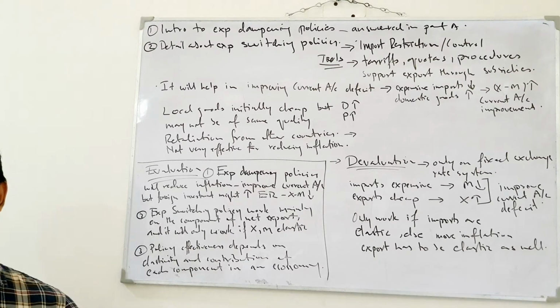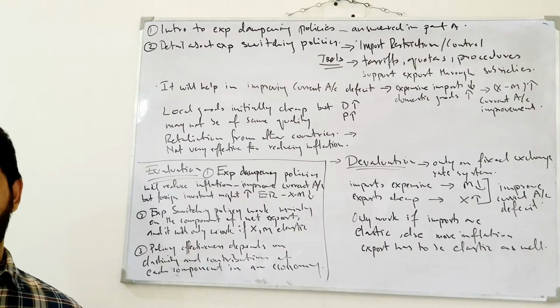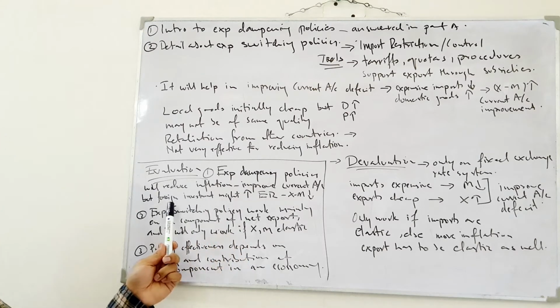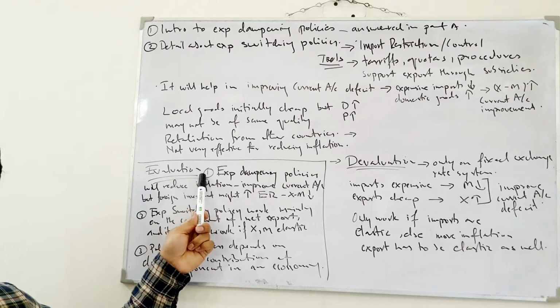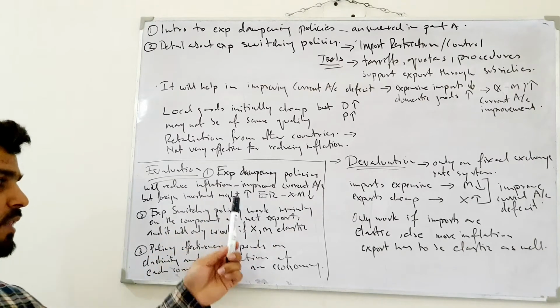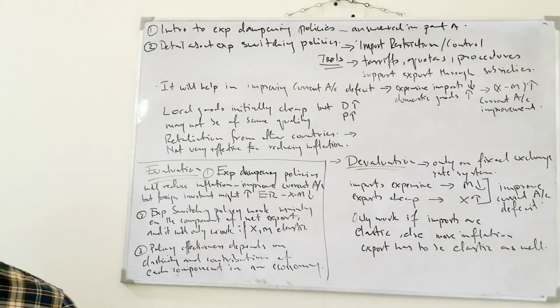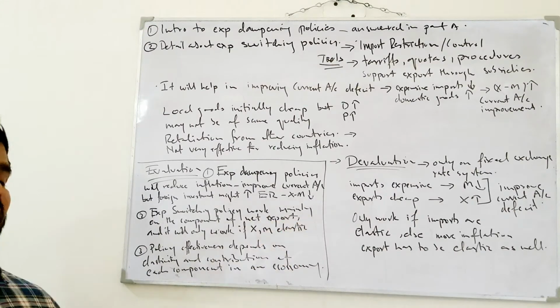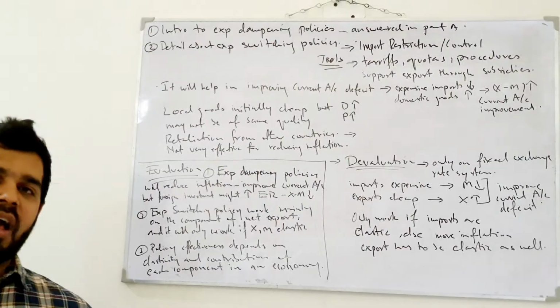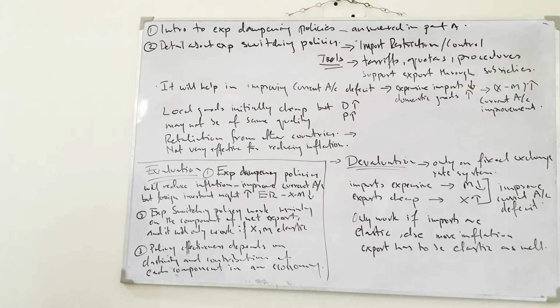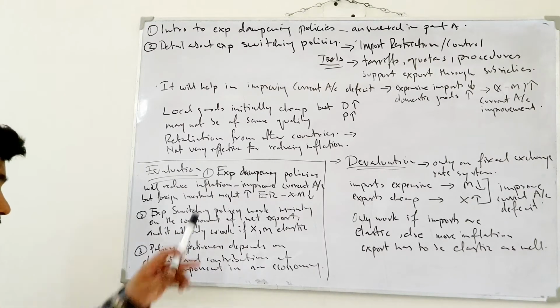So the demand for your currency in the international market is going to increase, and that will increase the exchange rate. Once your exchange rate goes up, your exports become less competitive, imports become more attractive, and as a result your current account deficit will start worsening. So you have to make sure that you do not attract too much foreign investment for the sake of interest. This is part of the evaluation.